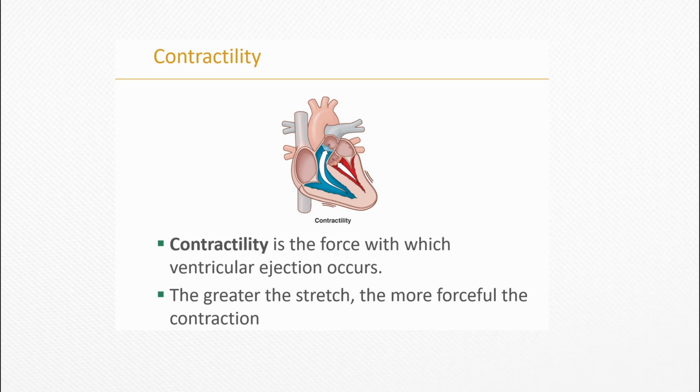Next is contractility. This is the force with which ventricular ejection occurs. When you contract and blood flows through both ventricles, the greater the stretch, the greater the force of the contraction, which is correlated with the amount of blood that's let out.